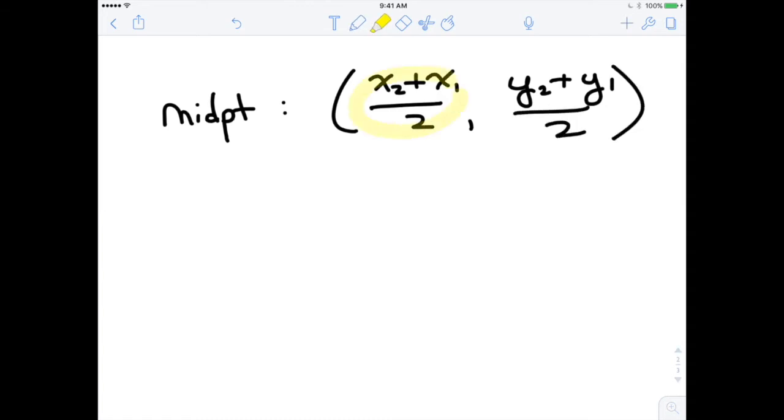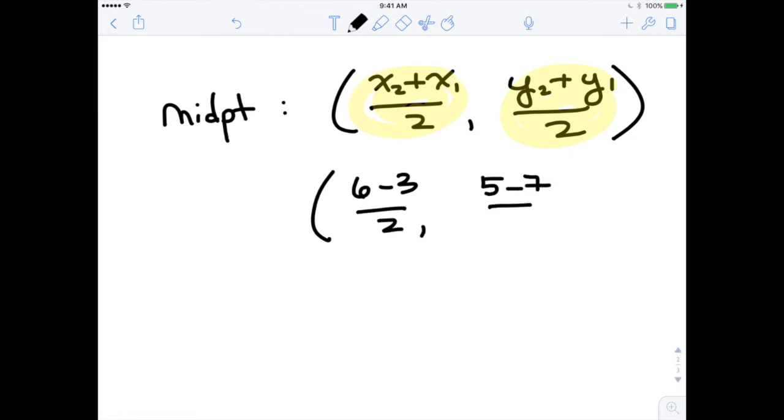This is just the average of the x values and the average of the y values. If we substitute in our numbers, we're going to get (6 minus 3 over 2, 5 minus 7 over 2). A little bit of arithmetic lets us know that the midpoint of this is (3/2, -1).